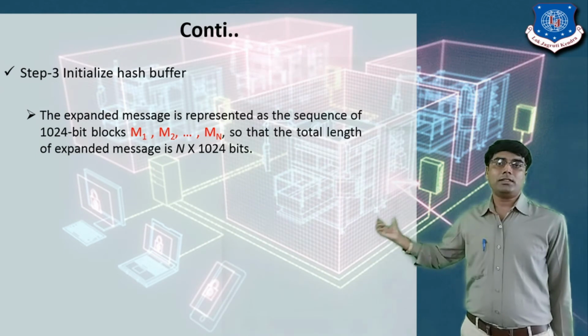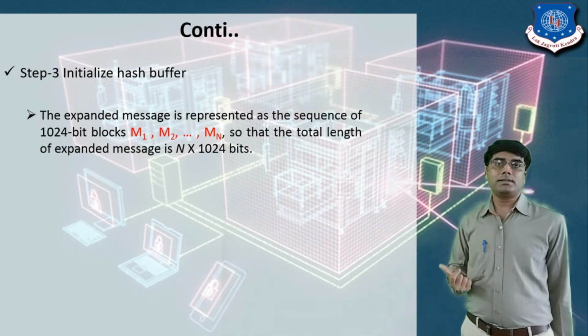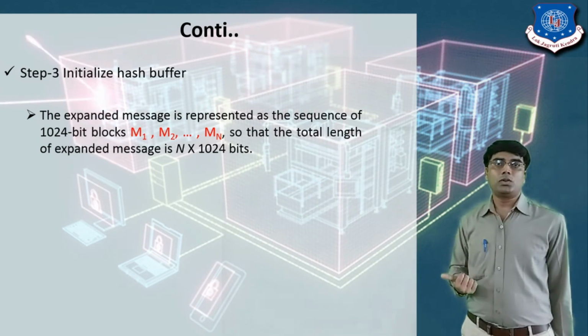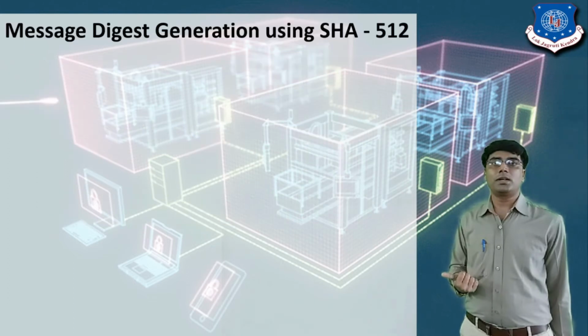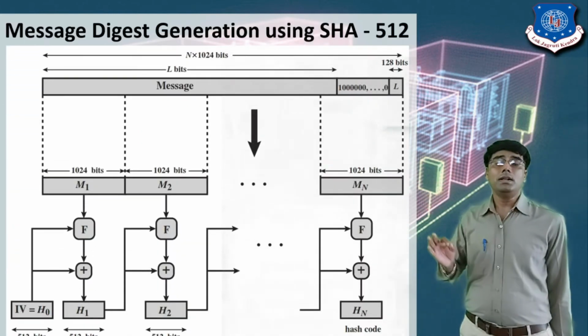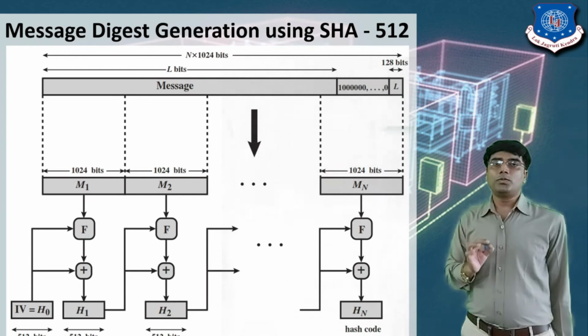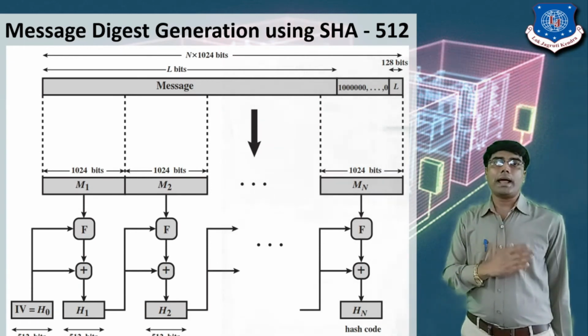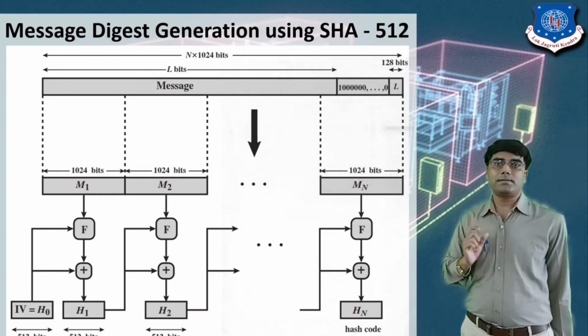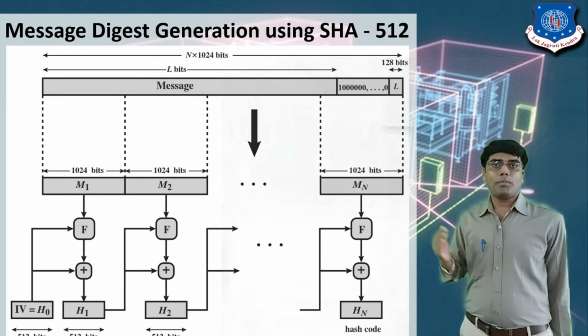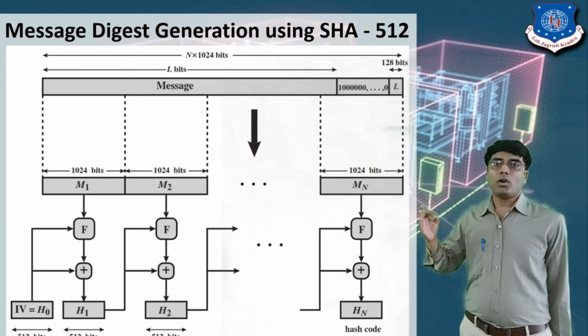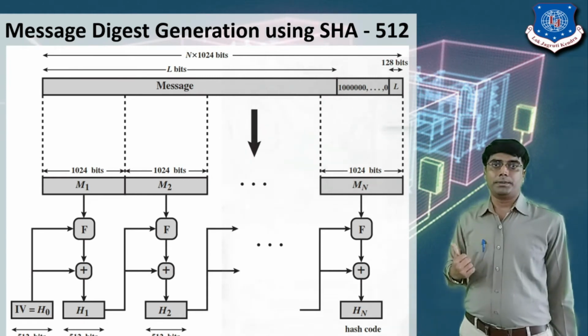So the total length of the expanded message is N times 1024 bits. In this figure, the message blocks M1, M2 up to MN each have a size of 1024 bits.